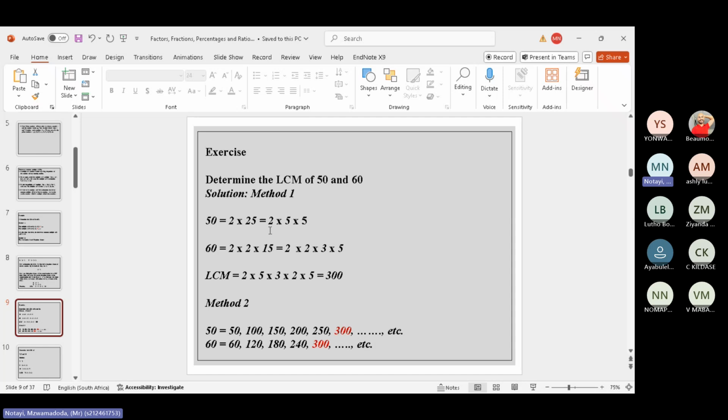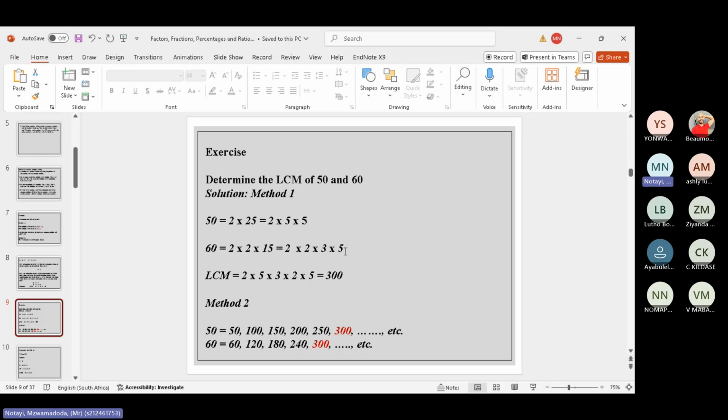So you get 2 multiplied by 5 multiplied by 5. Then the second number, 60, you have 2 times 30, where 30 can also be factorized into 2 times 15, and 15 can be factorized into its prime factors, 3 times 5. So 60 will be equal to 2 times 2 times 3 times 5.